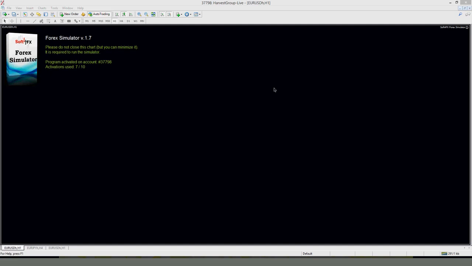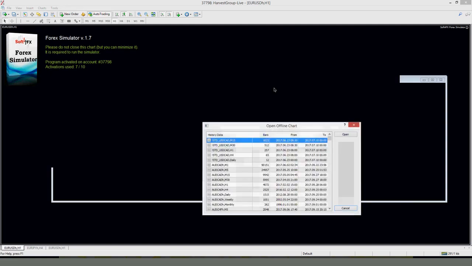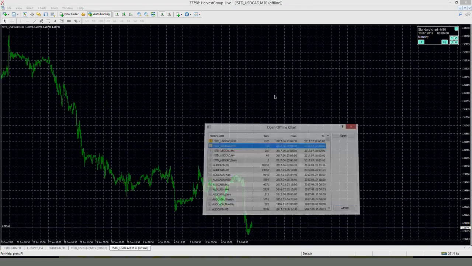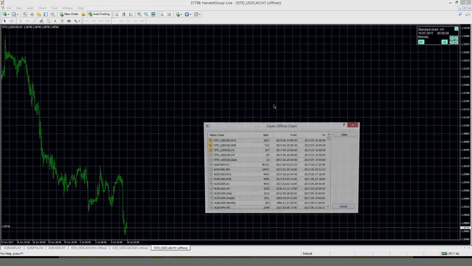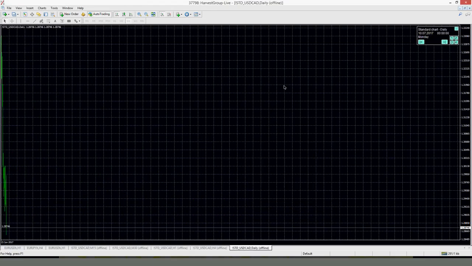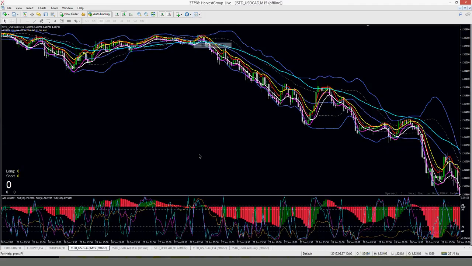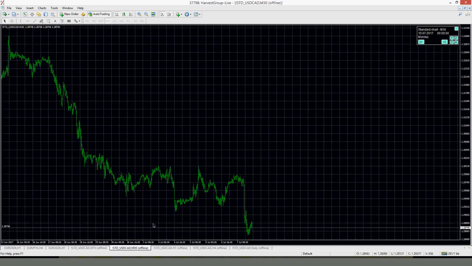Once you've done that, you open it one by one. There's a bit of lag here, so it adds over there, and then you open M30, H1, H4, and daily. Then you go to each time frame and load whatever setup you have.